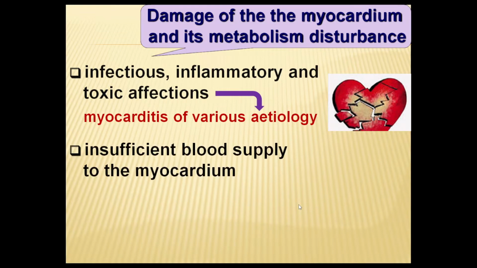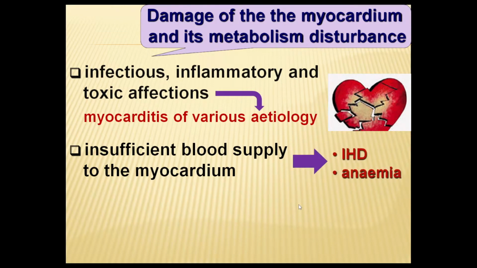We said about definite activity of the heart. It is possible due to adequate blood supply. Insufficiency of blood supply to the myocardium is accompanied with dystrophic processes in it.